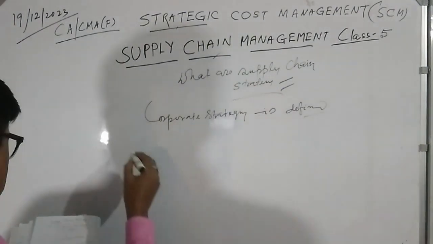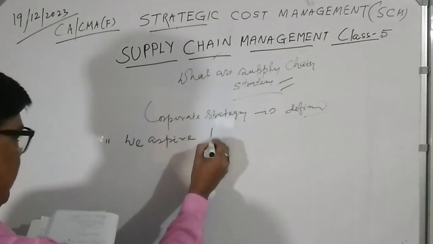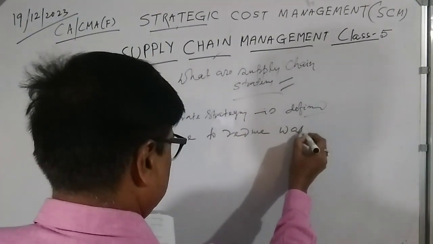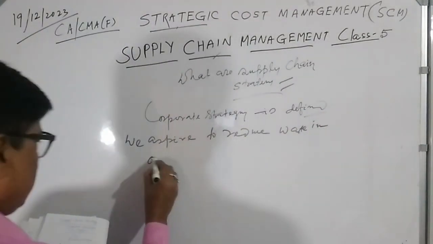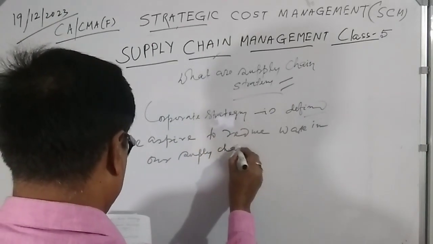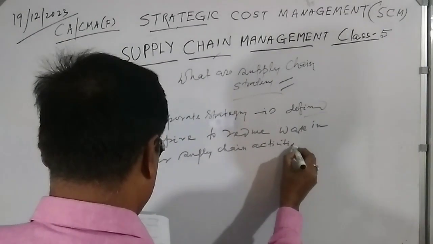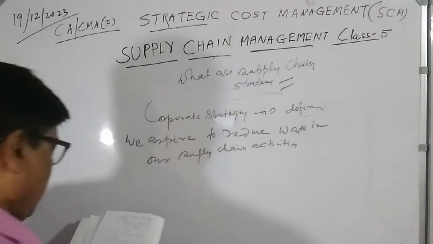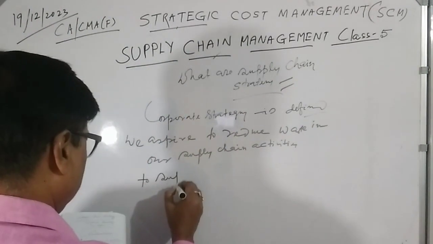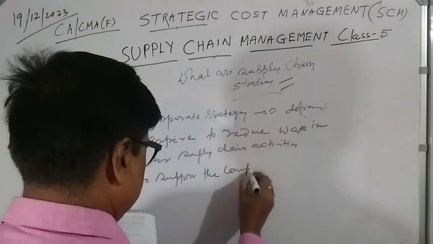Here one common view they are telling is that we aspire, we desire to reduce waste in our supply chain activities. In what way will it come? To support the company's strategies.